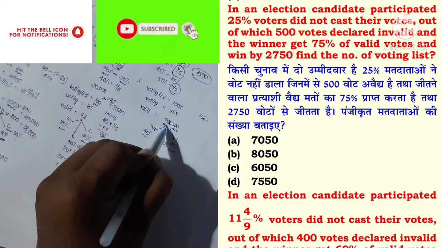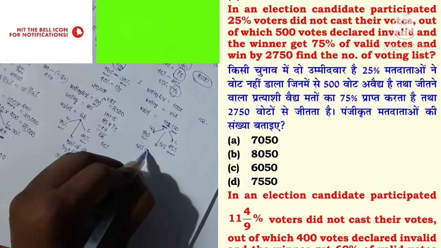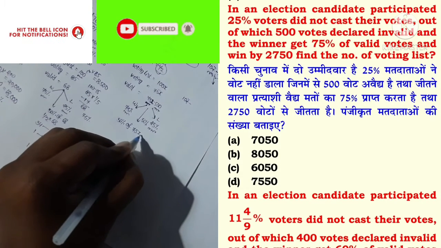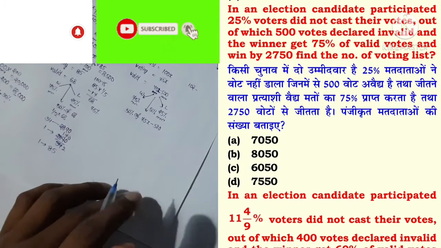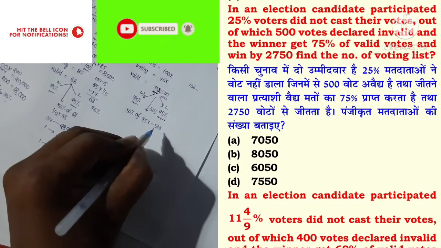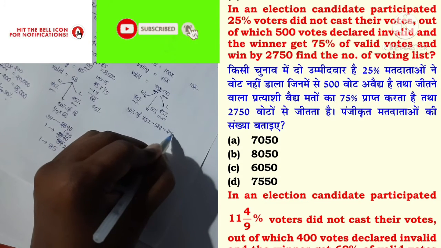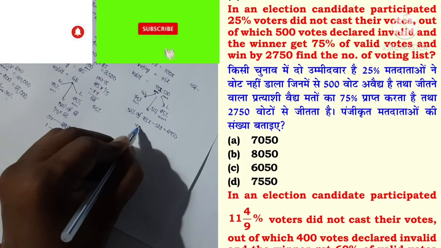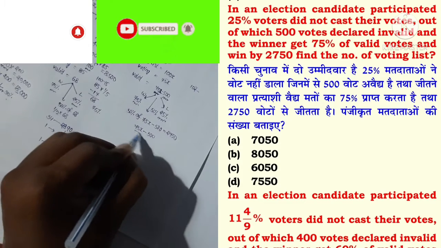So 50% of 75x minus 500 is equal to 2750. So 50% is 1 by 2, so (75x minus 500) by 2.